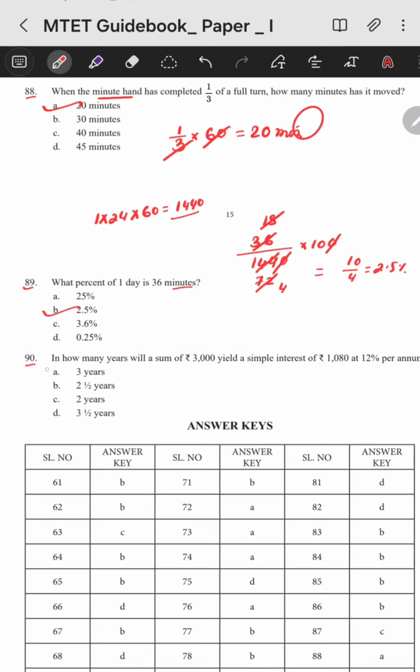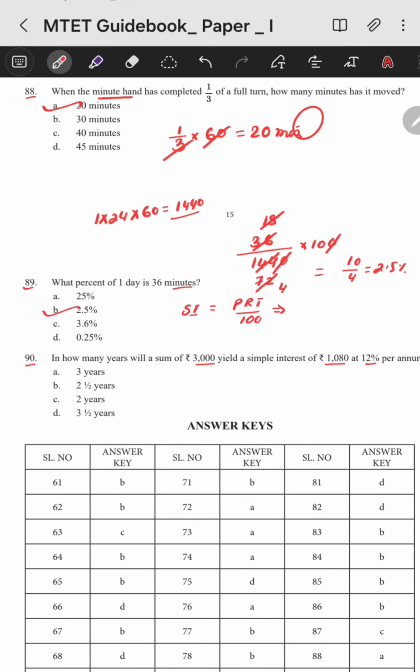Next question number 90, they ask here, in how many years will a sum of 3000 yield a simple interest of 1080 at 12% per annum? We know the formula. The formula is simple interest is equal to PRT by 100.